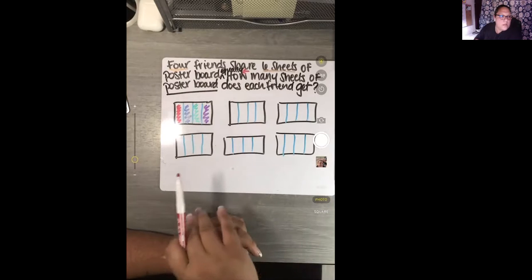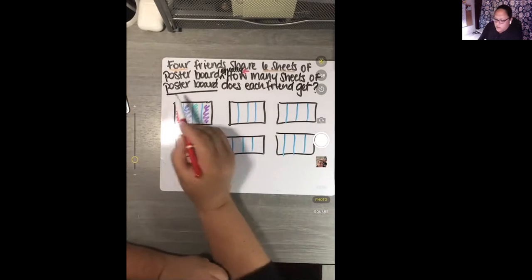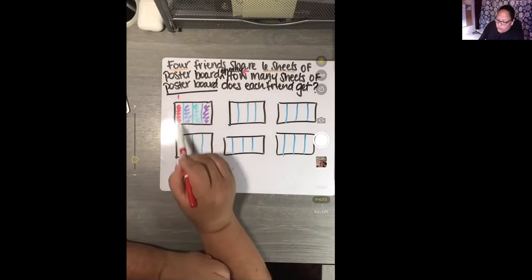Cool. So each friend's share of 1 sheet is 1 part out of 4 total.